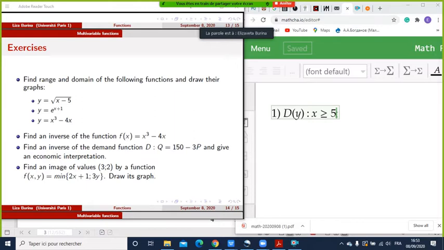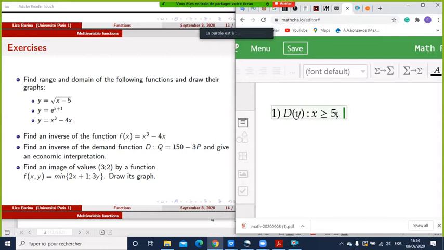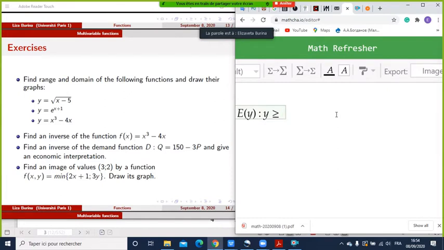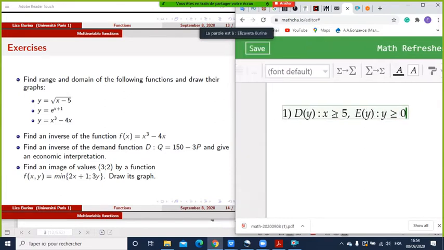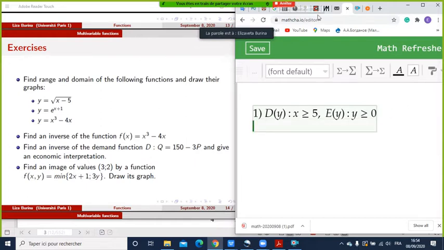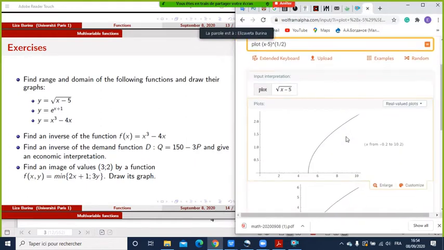So for the domain we have x greater or equal than 5, and for the range here I'll have y greater or equal than 0. Okay, perfect.